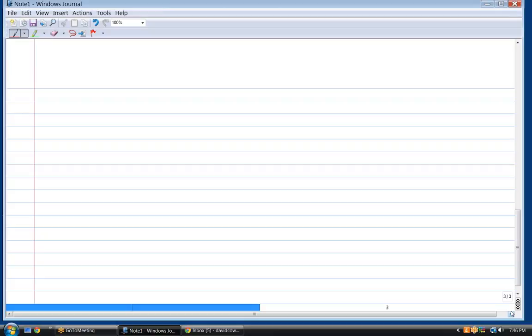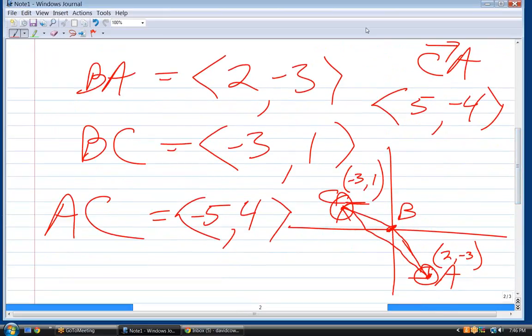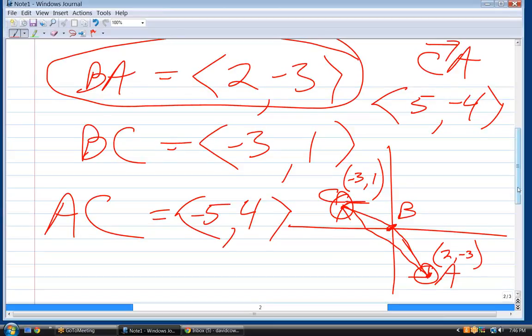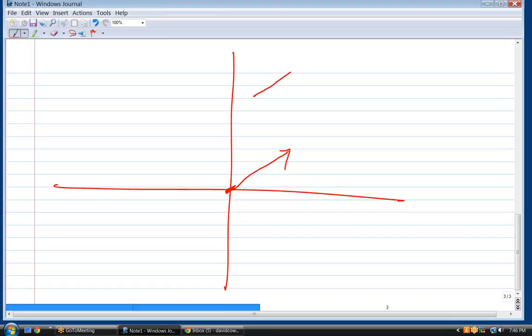Let's see. Now, before we go by vectors, it's important to notice that this vector, I always am going to start at the origin. With vectors, it's important to realize something. That vector is identical to that vector.